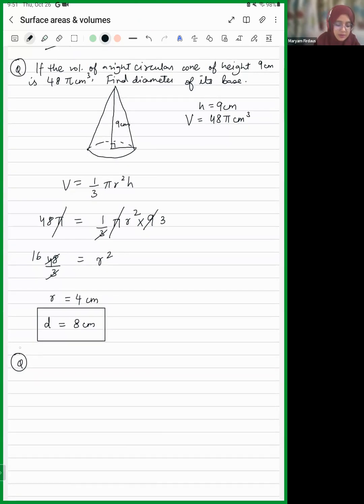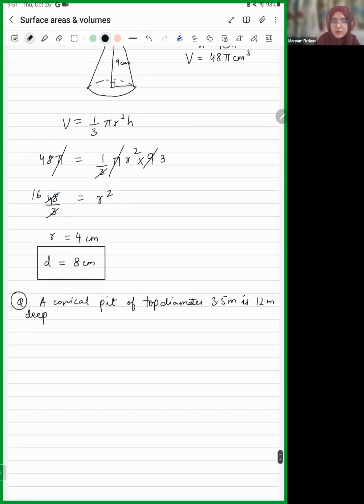So next one, Riaz, you will tell me how to do, okay? The next one is a conical pit of top diameter 3.5 meters and 12 meters deep. First of all, please make the diagram of this.